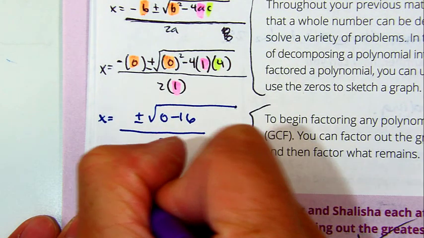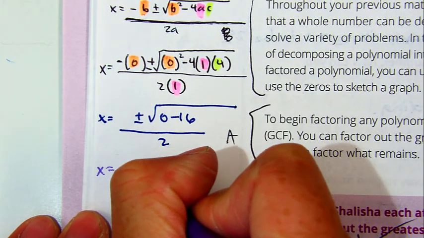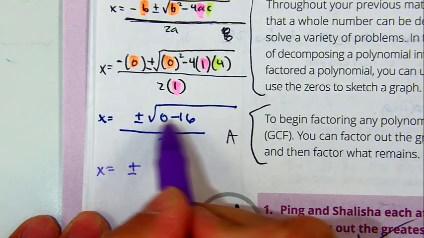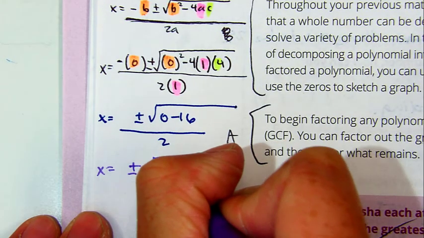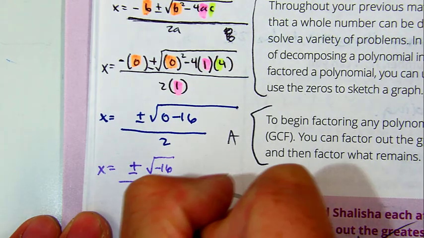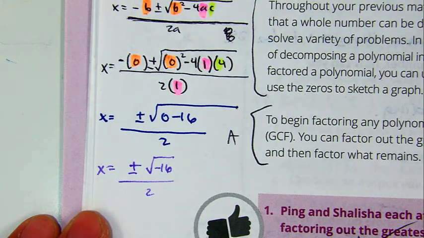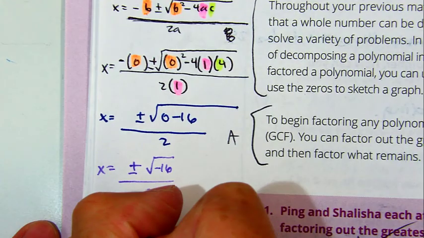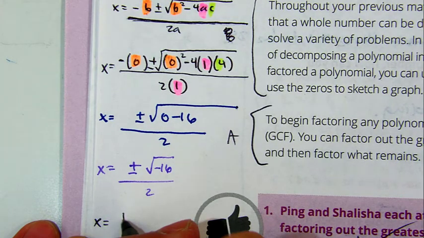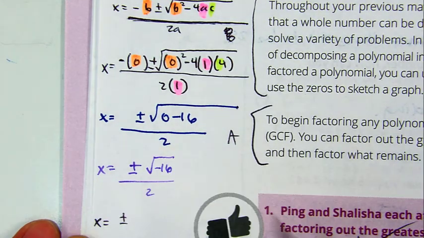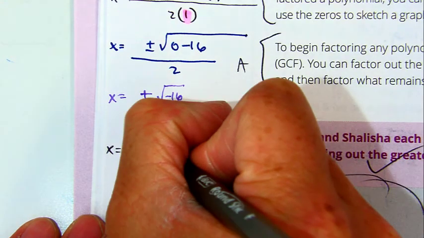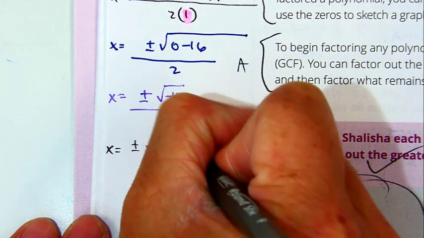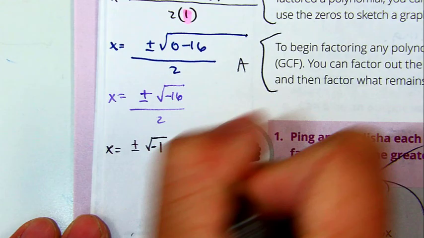So I now have plus or minus the square root of 0 minus 16, which is negative 16. And here, this is what I'm going to do with the negative square root. I'm going to put that as the square root of negative 1 times the square root of positive 16, all over 2.